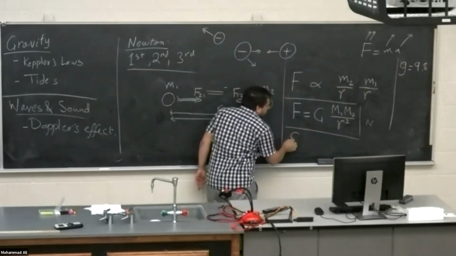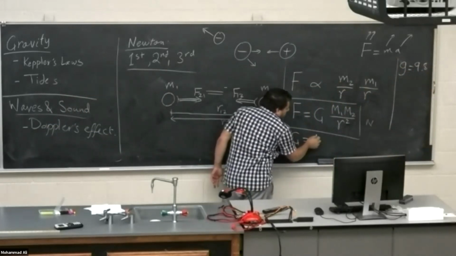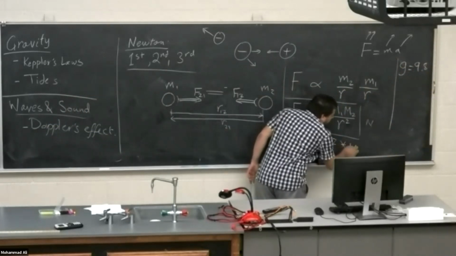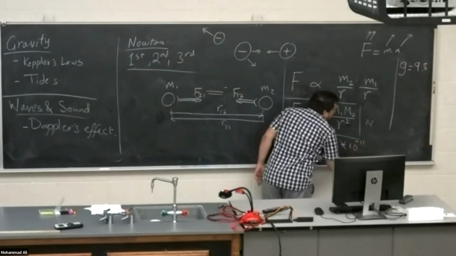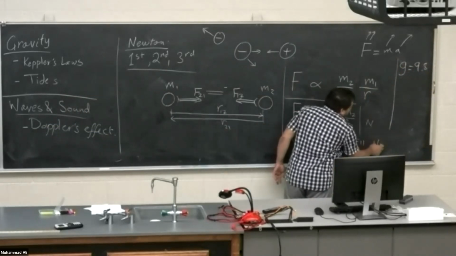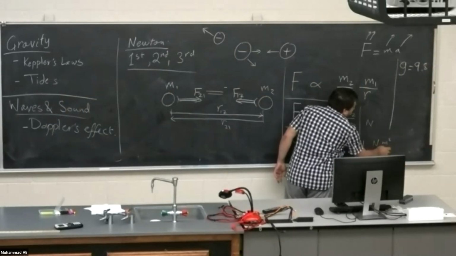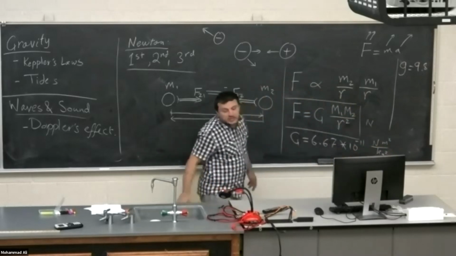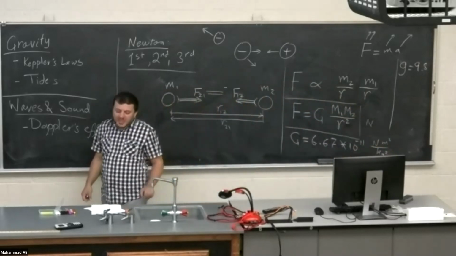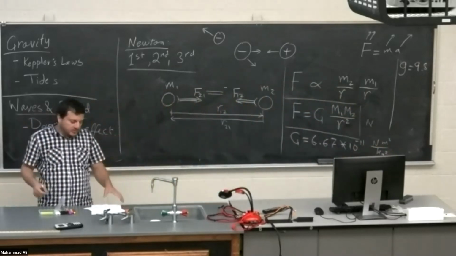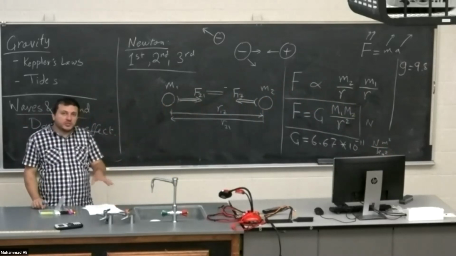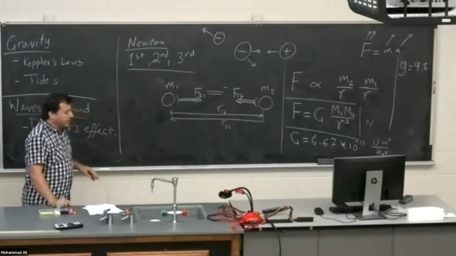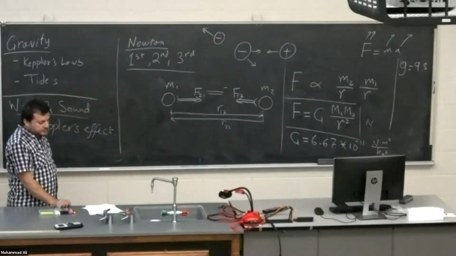This G is equal to 6.67, I think, multiplied by 10 to minus 11 newton meter squared over kilogram squared. It's a constant. It's the same all over the universe. At the Earth's surface, at the sun, in deep universe distances like that, it is constant.